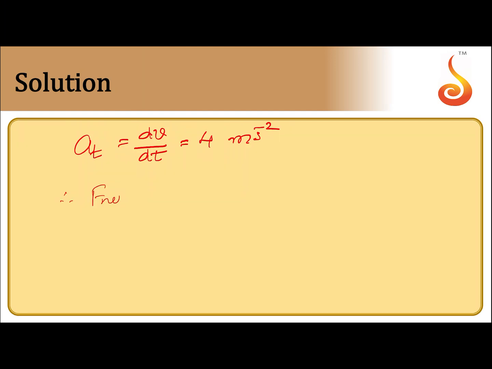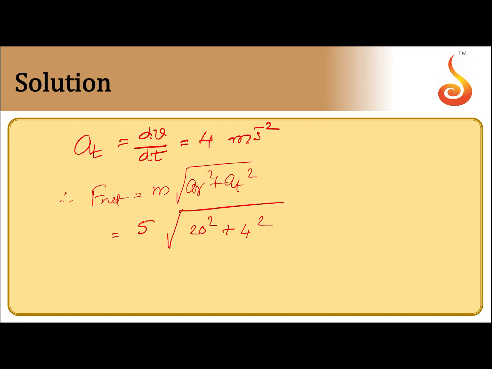Therefore, F net is equal to m square root of ar square plus at square. What is the mass? The mass is 5 kg, into square root of ar square, which is 20 square, plus at square, which is 4 square. This becomes 5 square root of 20 square plus 4 square, 400 plus 16, 416. Now what can we do?